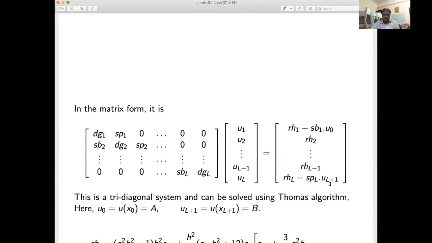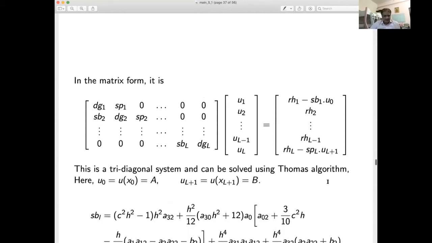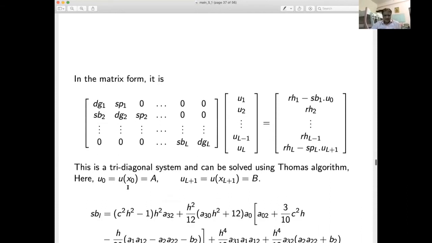Now there are so many ready-made tools available nowadays in Python that you can directly solve it. Now just incorporate, this is what I have written, U naught is A and UL plus 1 equal to B. I have incorporated and solve it.